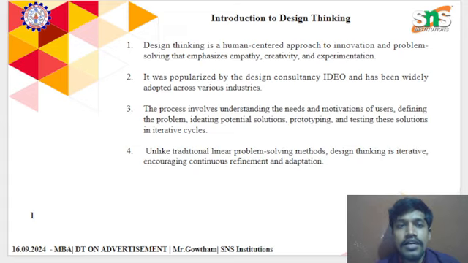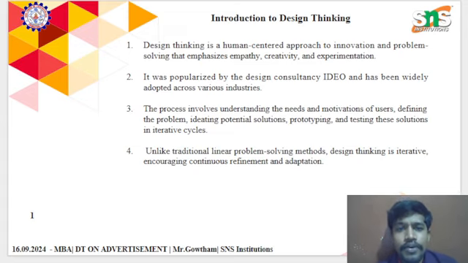Design thinking is used to find out the user's pain points, and the concepts work out from there. This human-centered approach is applied in innovation and problem solving with an emphasis on empathy. Empathy means analyzing the problem: how it occurred, where it occurred, and who is the reason behind it.